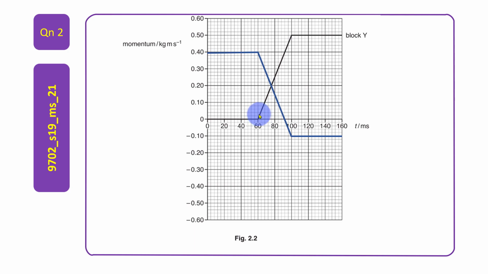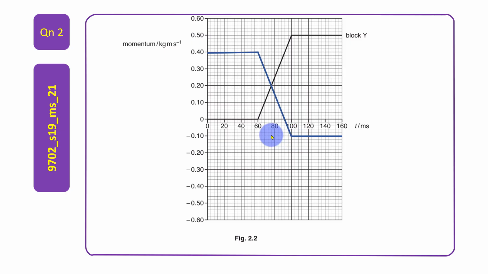Look at the change in momentum of y. The momentum of y increased from 0 all the way to 0.5 kilograms meter per second. So the change in momentum of x must be from 0.4 all the way to minus 0.1.